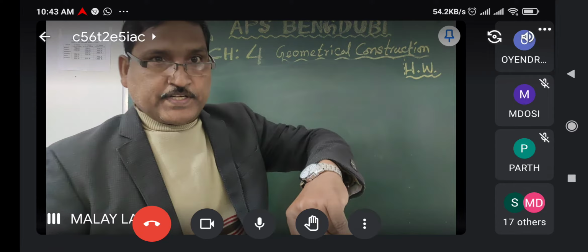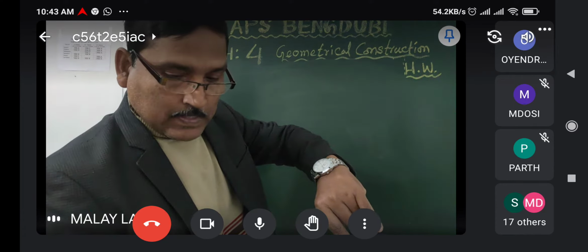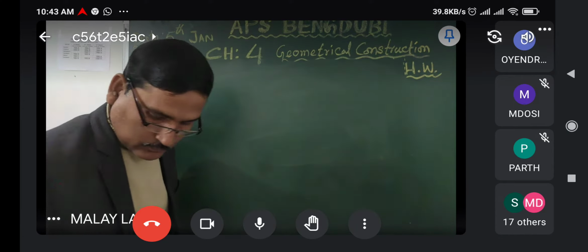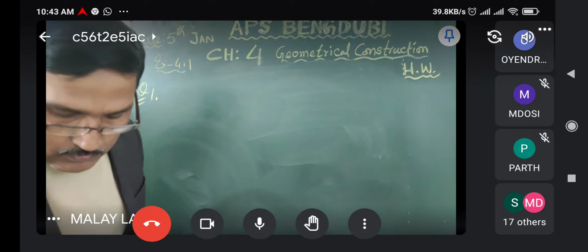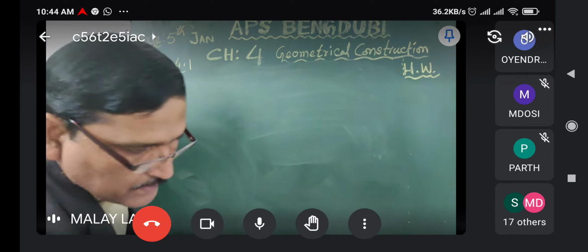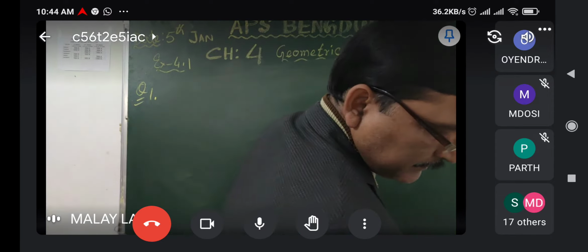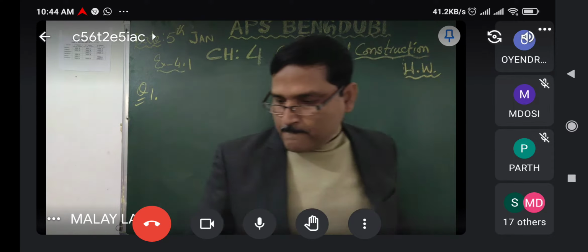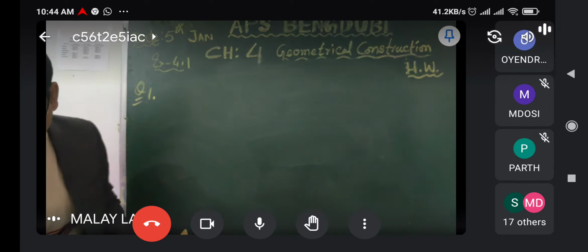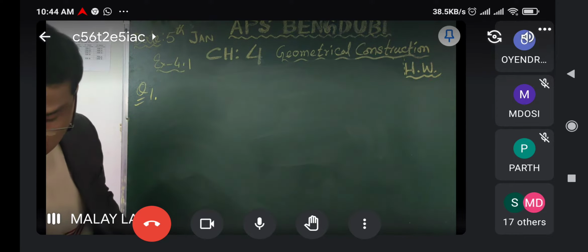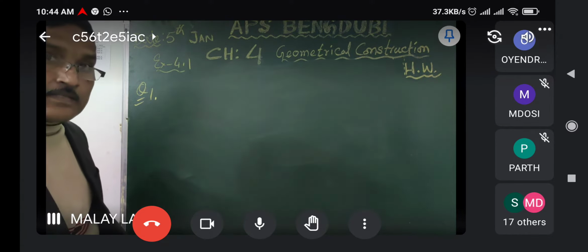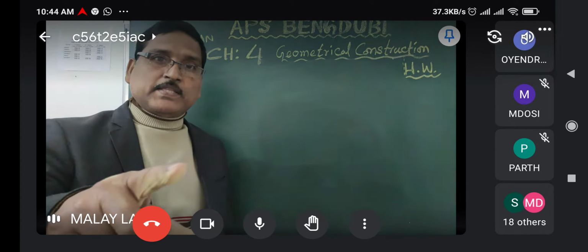Okay, today I will take class 11. So whatever the measurement given, so quadrilateral this. Sir, we have to mention the steps also. Yes, वो तो मैं बताया.